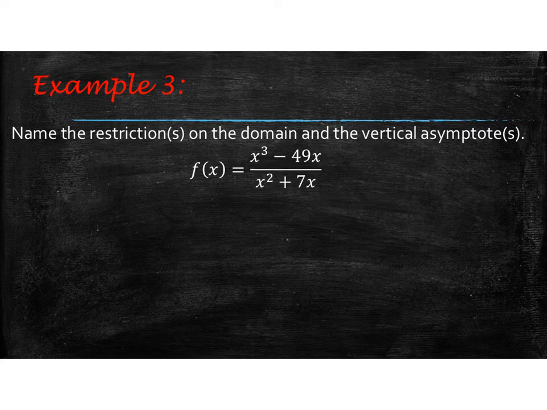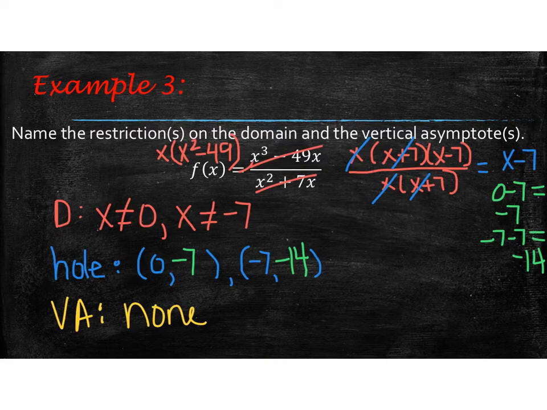All right, on this next example, if you want to take a second and go ahead and try it on your own, and then if you want to press play to check your answers, you can go ahead and do that on this one. All right, go ahead and check your answer. Hopefully you got the factoring correct.